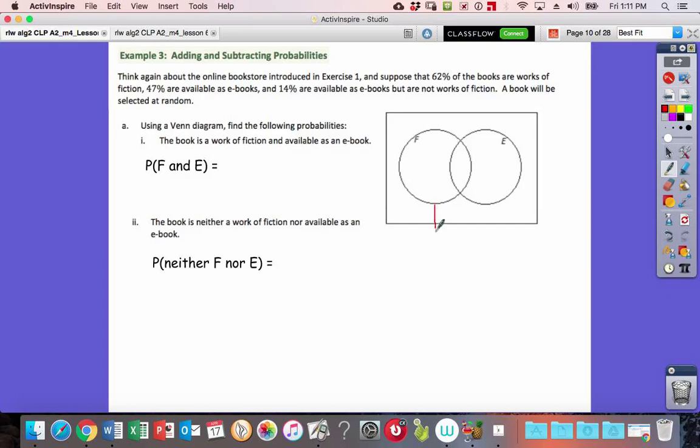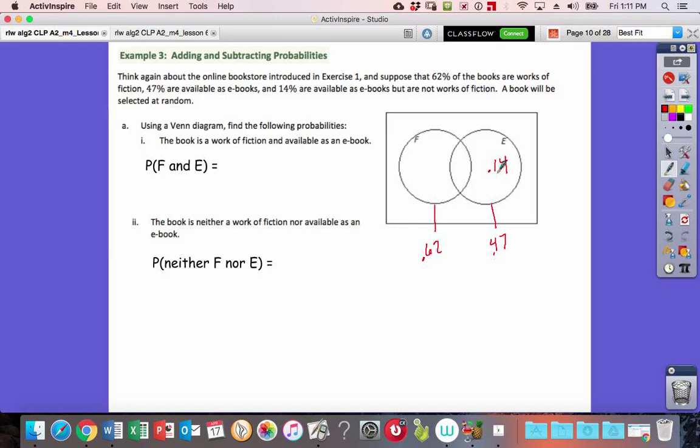So I can put this here at 62%. And ebooks are at 47%. And 14% are available as ebooks, but not works of fiction. So that 14% would go over here.